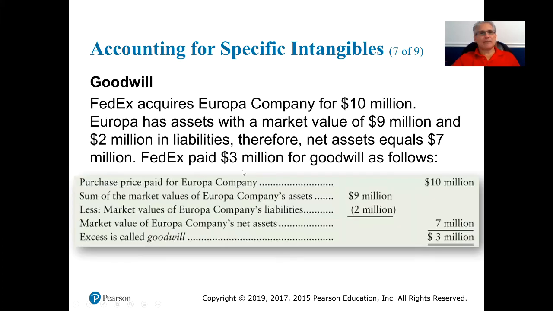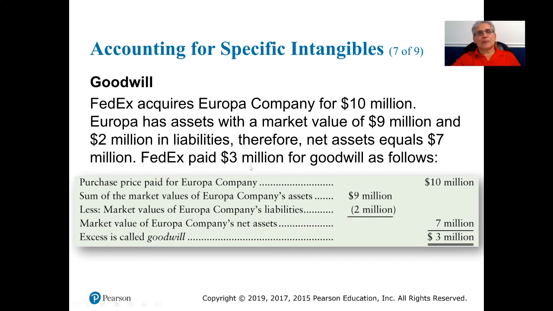So let's take a look at a specific journal entry that might occur. FedEx acquires Europa Company for $10 million. Europa has assets with the market value of $9 million and $2 million in liabilities. Therefore, net assets, that's the fair market value minus the liabilities, is $7 million.